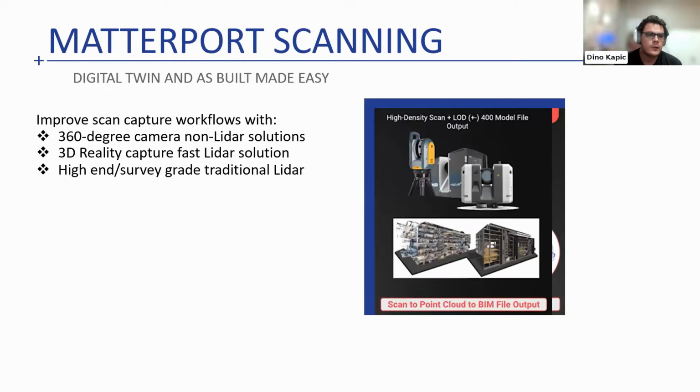And then the last one we've got there is our high-end surveying cameras. So there we're looking at our Leicas and our Faro cameras. So those are for those niche points where we really need that high quality scanning. So will we use this every day? Probably not. But when we do need that millimeter accuracy, we can use our high density terrestrial scanners like the Faro and the Leica.